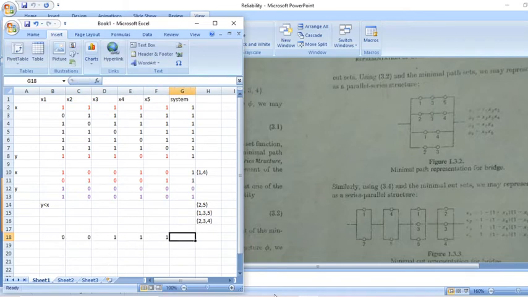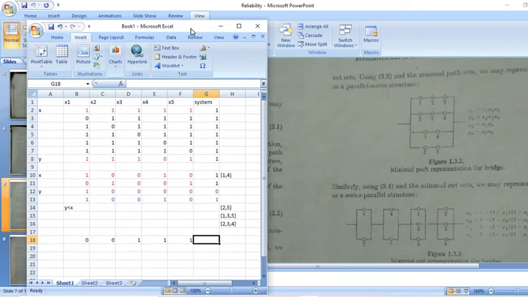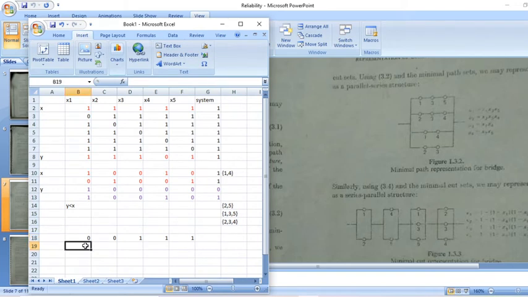Another one is {4, 5}. This is an example only.